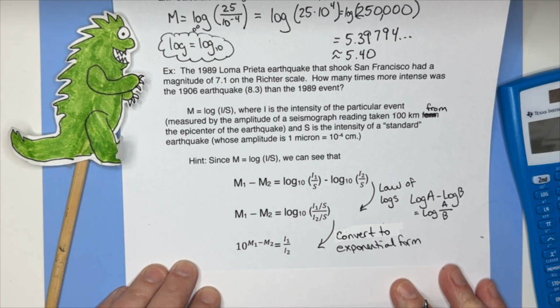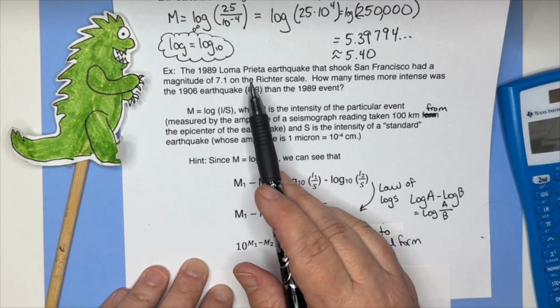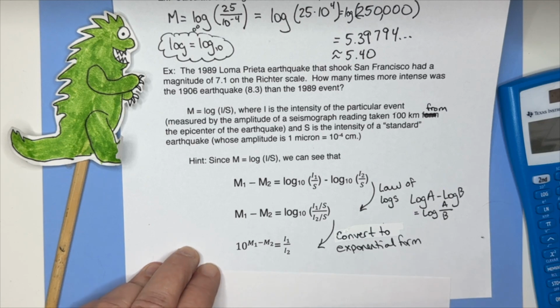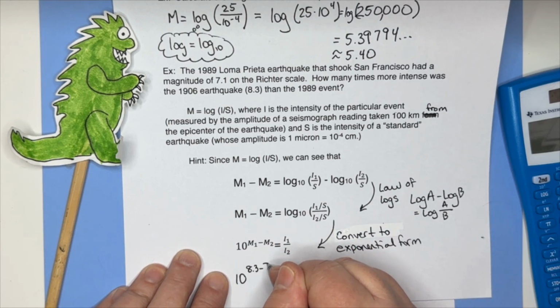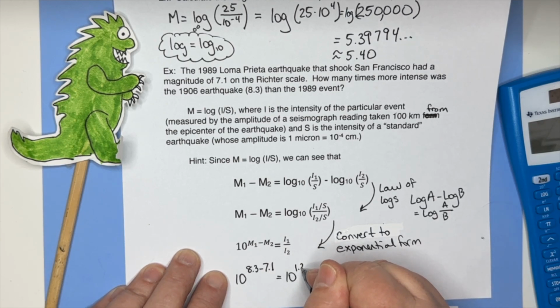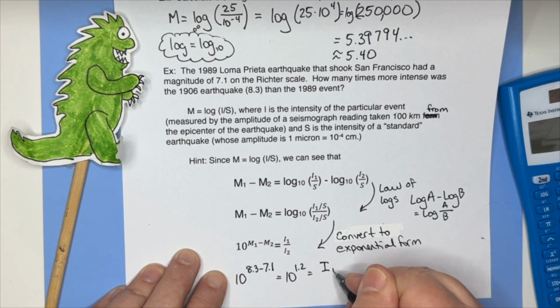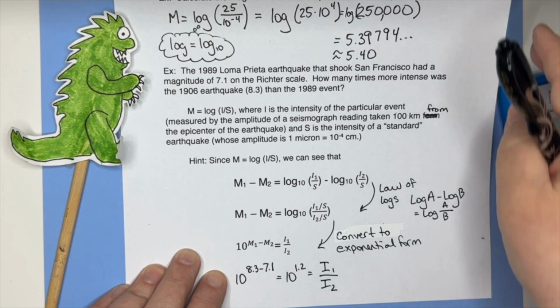And what does that do for me? That allows me to just get the intensities together. And I've got the two magnitudes right here, which I do know. One magnitude was an 8.3, one was a 7.1. I'm going to need some paper because I want to write a little bit more here.